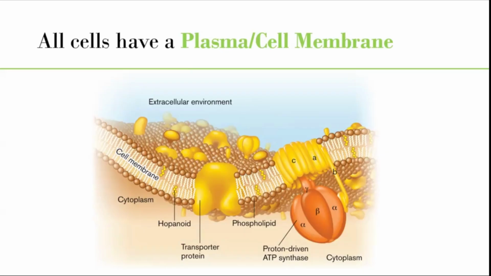We want our inner membrane to have slightly different characteristics than the outer leaflet because they're going to be interacting with different structures. So we want the ones on the inside to maybe interact with our DNA, the ones on the outside to be able to interact with other cells. So the inner leaflet and the outer leaflet will be slightly different from each other.